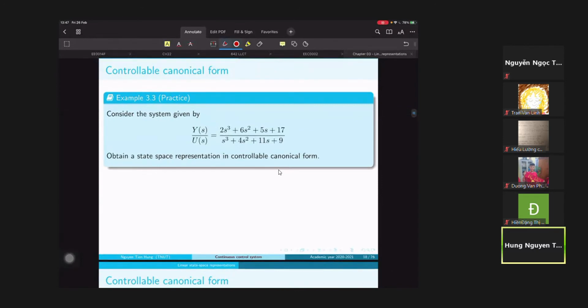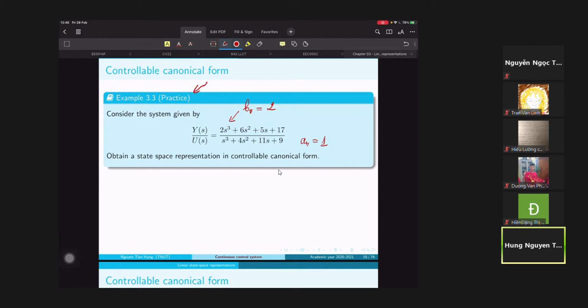Okay, in this example, you try with this one and see that in this case, Bn is different from 0. We got Bn equal to 2, and An in this case equal to 1. So this is still proper, not strictly proper, because the highest order of the numerator equals the highest order of the denominator.